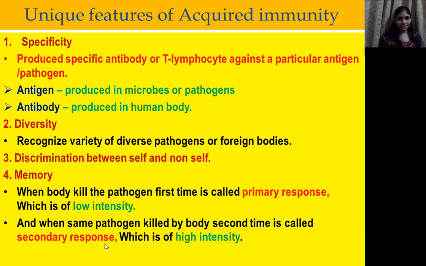So these are the unique features of acquired immunity: specificity, diversity, discrimination between self and non-self, and memory.